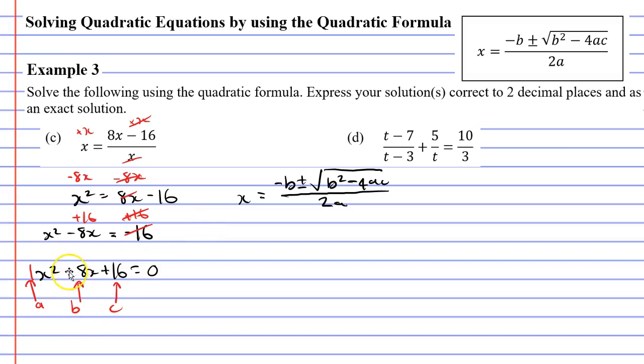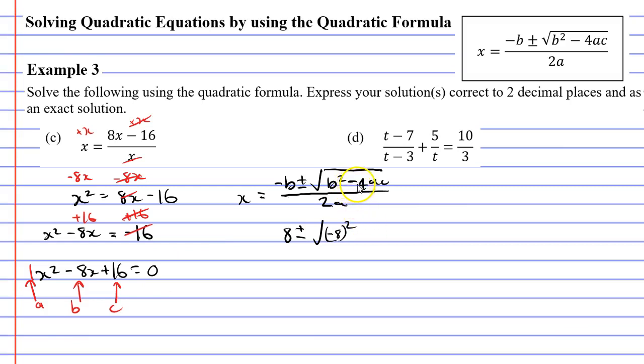Now I need to substitute these values into my formula. We'll start with b, which is negative 8. If I replace the b with -8, you'll notice there's already a negative there. That will create a double negative, and a double negative is a positive. So we'll just write this down as 8, meaning positive 8. Then our plus minus. Next we have to take b and square it. Now b's -8. We're going to go -8 squared.